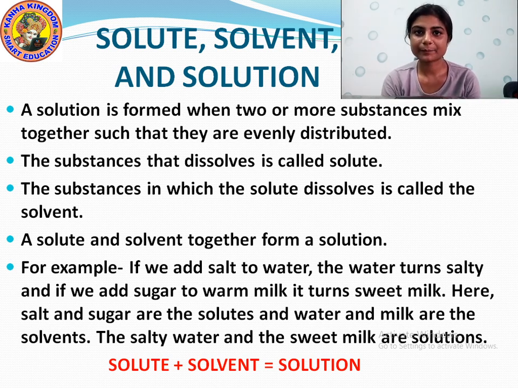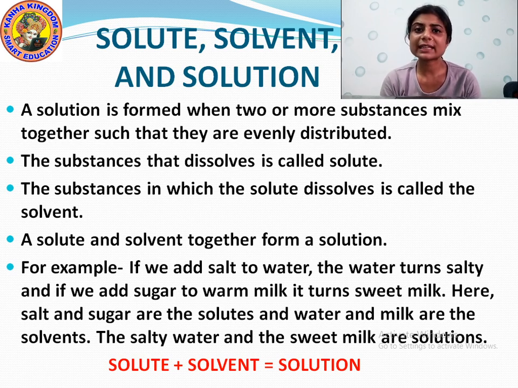Now what is a solute? Solutes are substances that dissolve. For example, sugar. Sugar is a solute. And what is a solvent? The substance in which the solute dissolves is called a solvent.